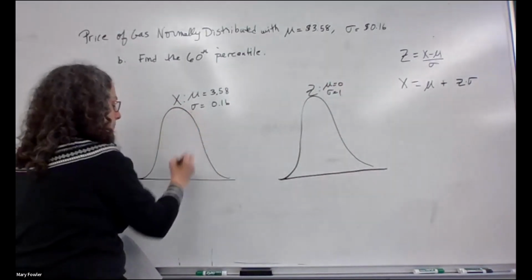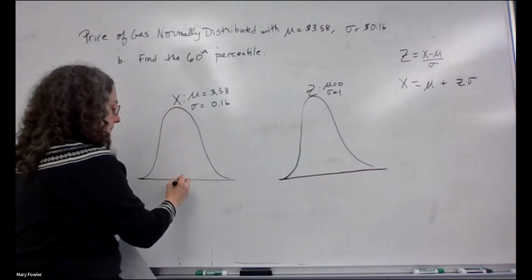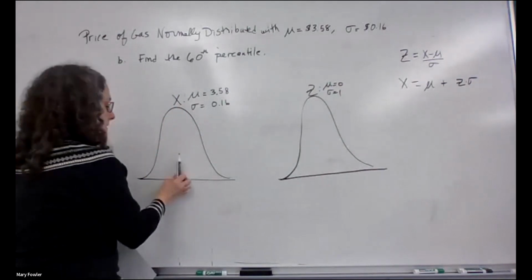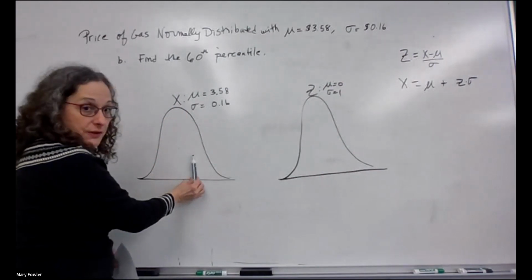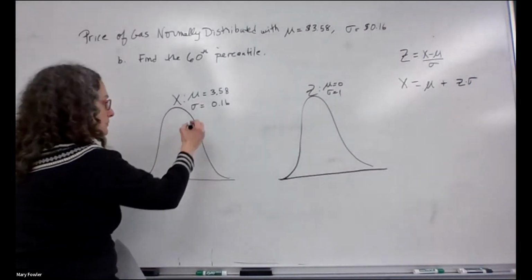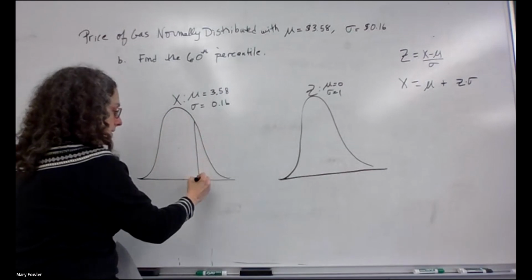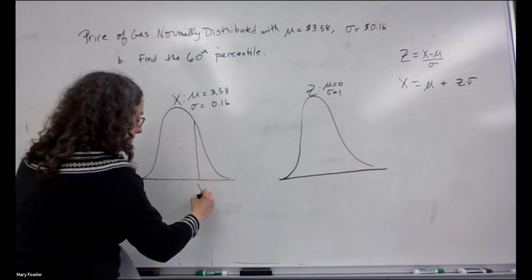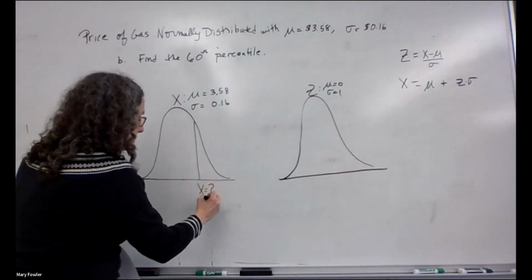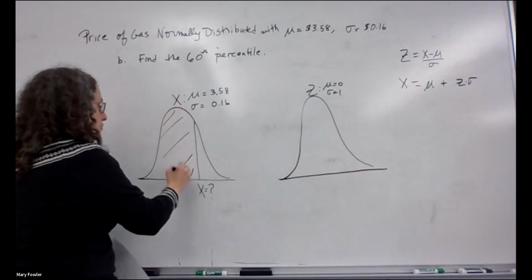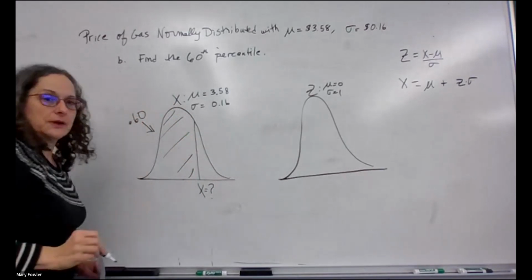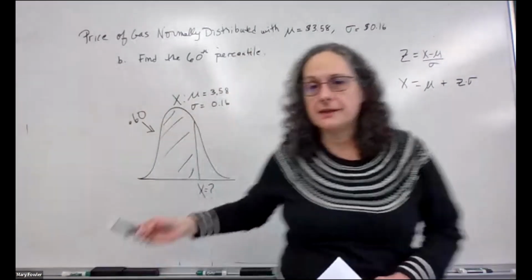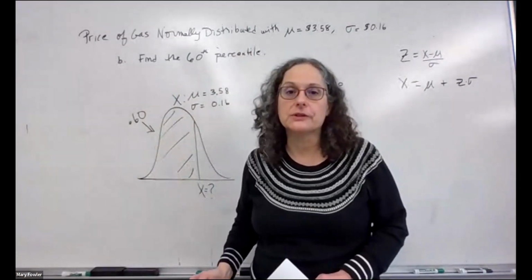We know the center of the bell would have 50% to the left, so I'm going to draw the delimiting value over a bit to the right. So the question is, what is the x value that has the property that 60% of the area is to the left of it?